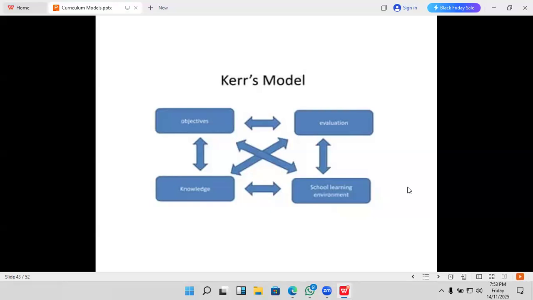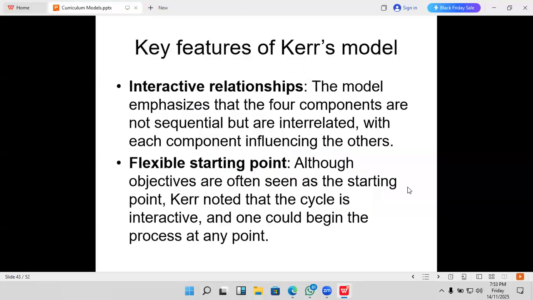We can see some development or new ideas given by Kerr. Key phase of Kerr's model, interactive relationship. The model emphasizes that four components are not sequential but are interrelated, with each component influencing the other. I explained, not much difficult to understand that.